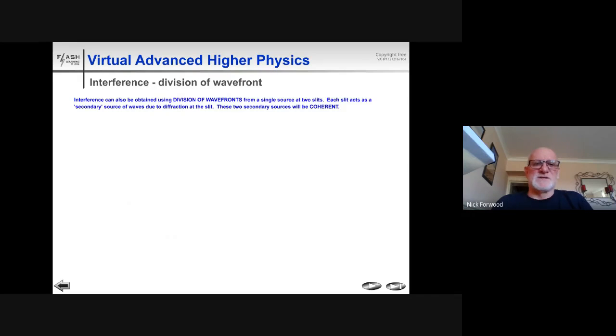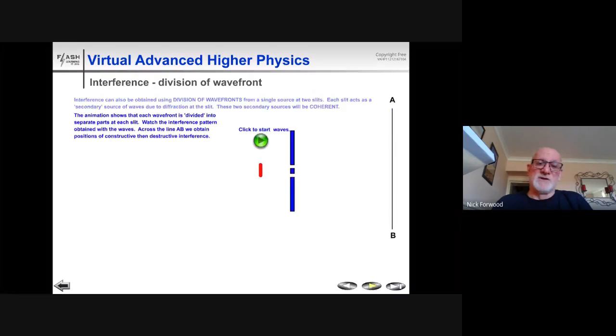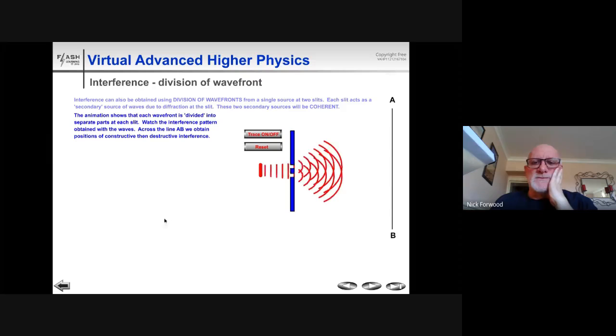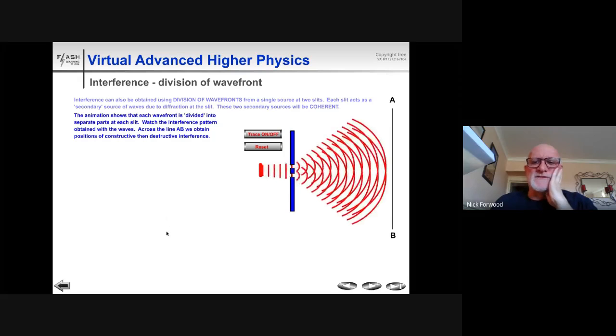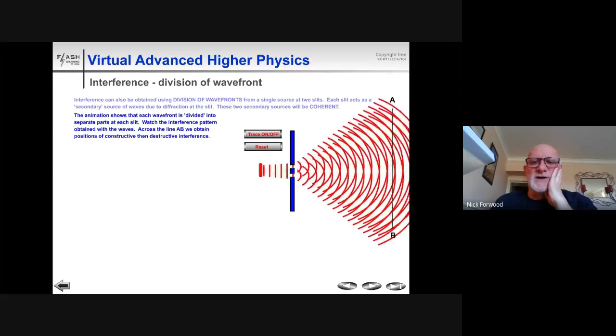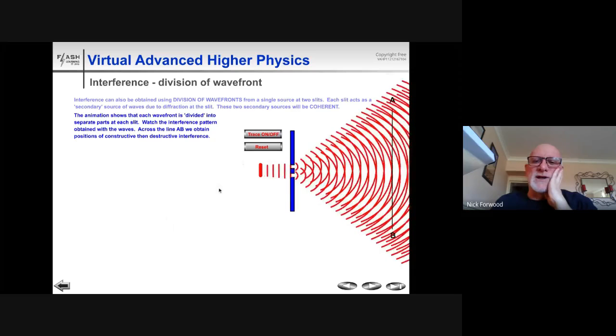It's because it's coming from a website somewhere. It's gone to sleep. I wonder if this will go forwards. This is going forwards easier. So interference, division of wavefront, and you can click on the play button and you'll get, there you go, two nice lots of waves diffracting at each slit and interfering, and you can do stuff.